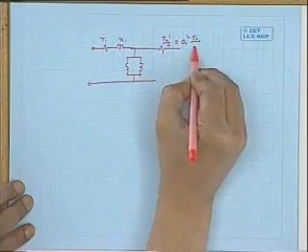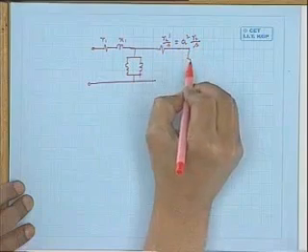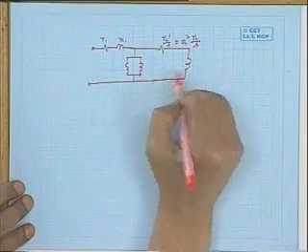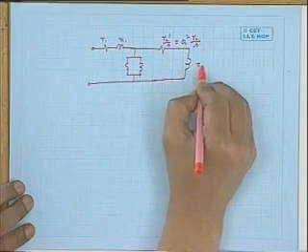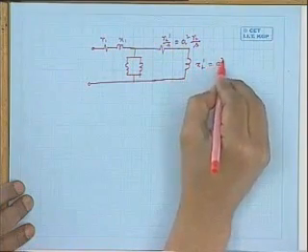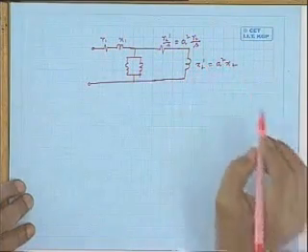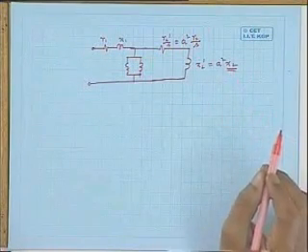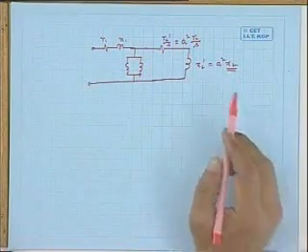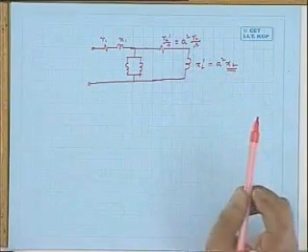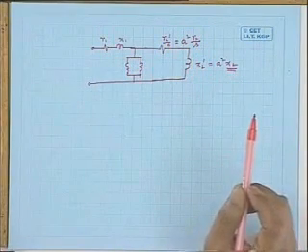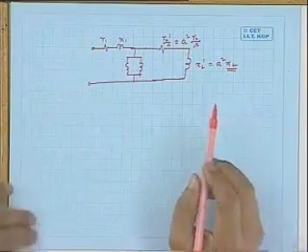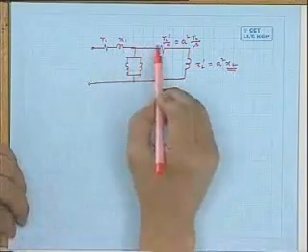R2 dashed by S, which is equal to R2 by S times S square, where R2 is the actual rotor resistance. And this will be X2 dashed, which is equal to S square into X2. Remember, X2 is the standstill leakage reactance of the rotor, and R2 is the rotor resistance per phase, and so on.